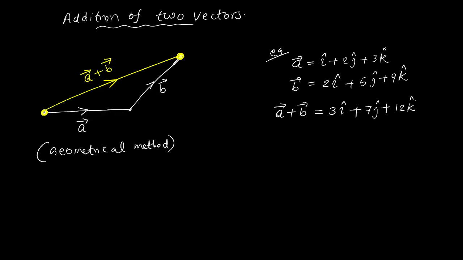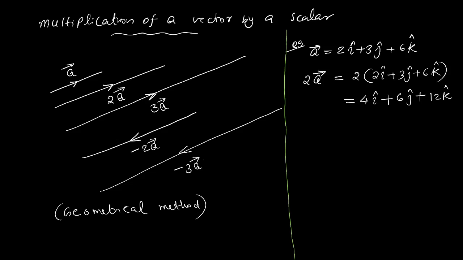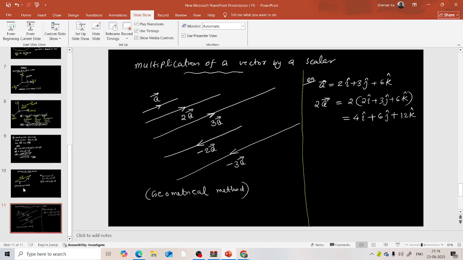Then vector subtraction is there. I will explain the geometrical meaning. Vector subtraction is very important actually. Let me discuss that one also. I think next class this chapter will be over.